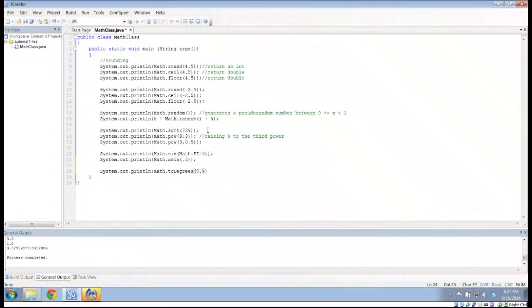So let me type in this 0.5235987755982989, and we'll find out that sine is 1/2 at 30 degrees.